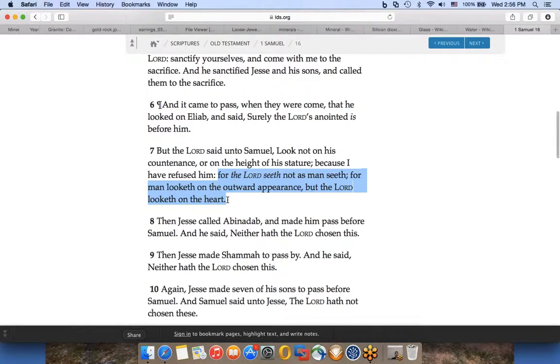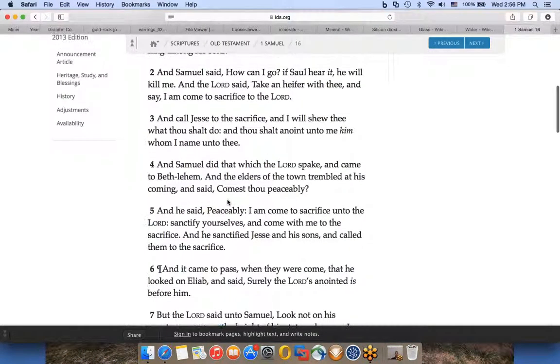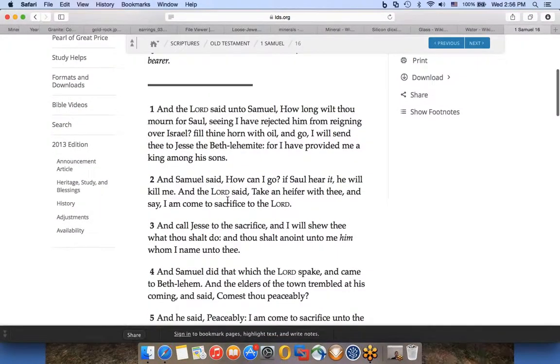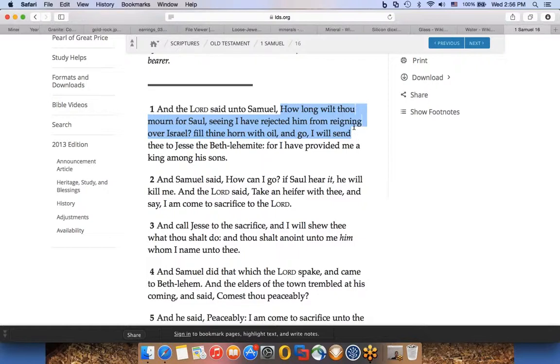The story is really about when Samuel was called by the Lord to find a king to replace Saul. So the Lord says, "How long wilt thou mourn for Saul, seeing I have rejected him from reigning over Israel?